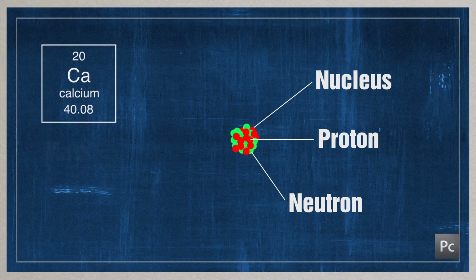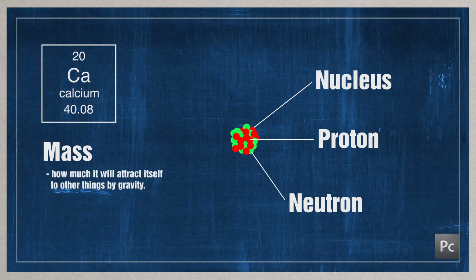One of them is called mass. The idea of mass can be quite difficult to explain, as it is what physicists call a fundamental property. But you can think of mass as either how much it will attract itself to other things by gravity. So if you have an object with a lot of mass, there is a lot of attraction by gravitational forces.